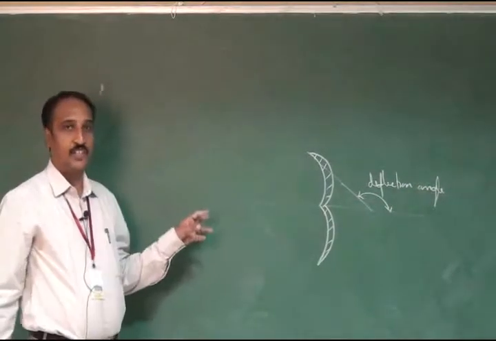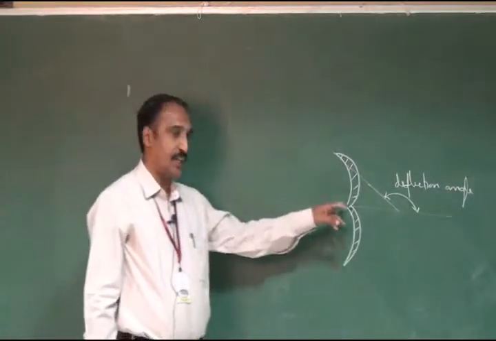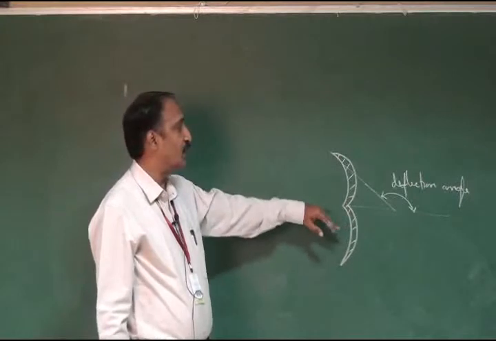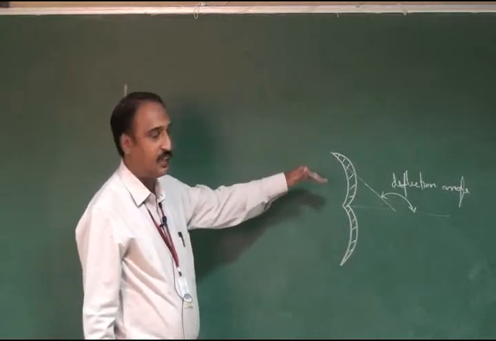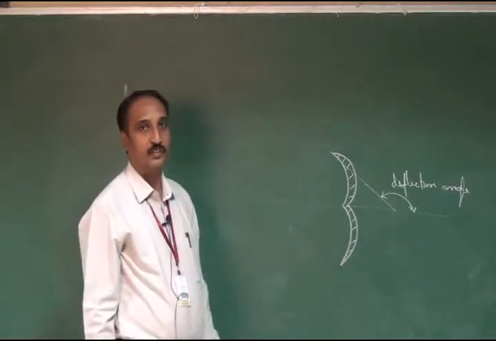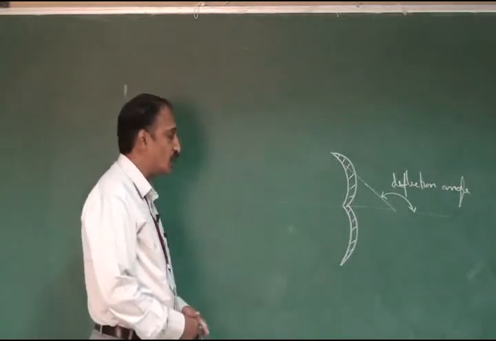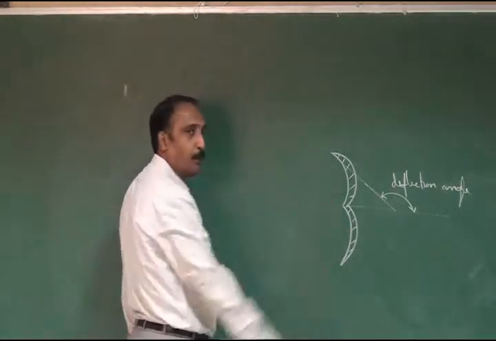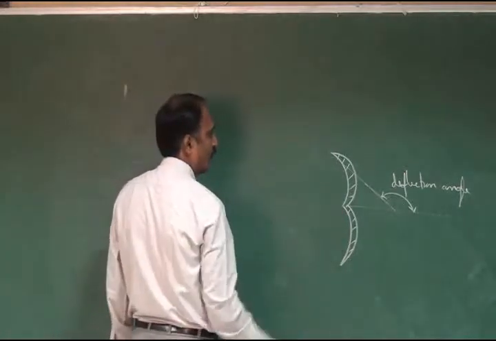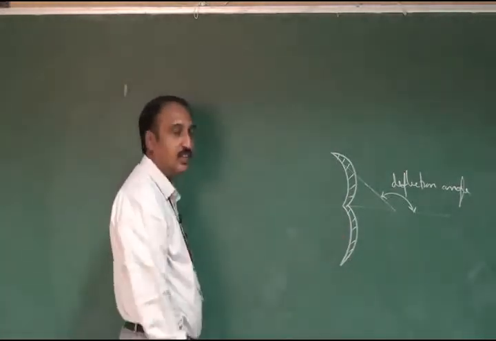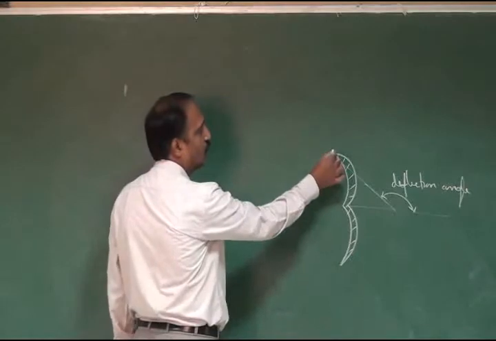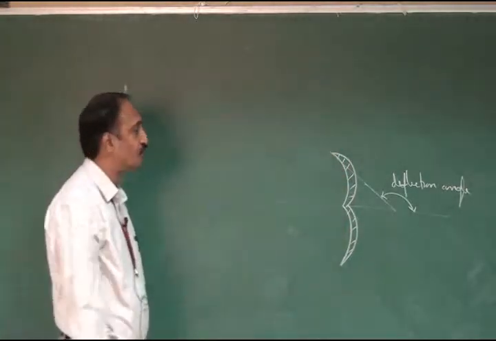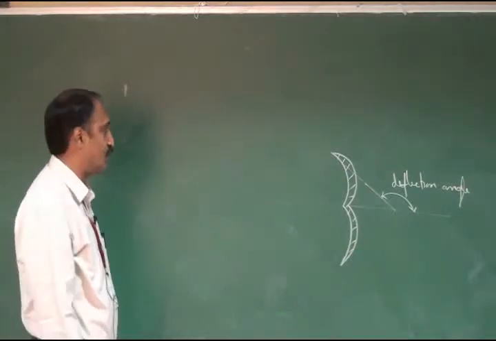The high velocity jet of water strikes the bucket at the middle. Part of the jet is diverted in the left direction, part of the jet is diverted in the right direction. The absolute velocity of the water hits the center of the bucket at the middle, so it's considered as an inlet. It's released from the outlet tip of the bucket. This is outlet velocity of the jet.